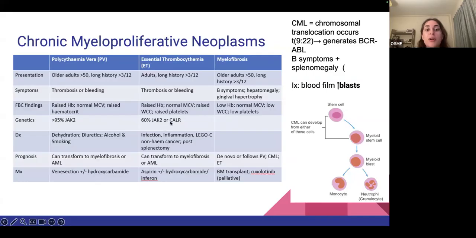The other mutation to be aware of is CALR. They might present post splenectomy, or with infection symptoms. The key thing to remember is that you treat it with aspirin. Although these two are chronic conditions, they can transform into AML, so they will become an aggressive cancer if not treated.